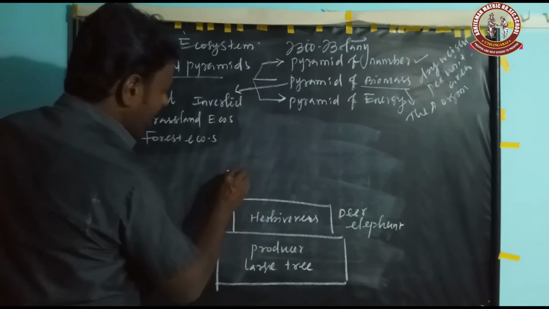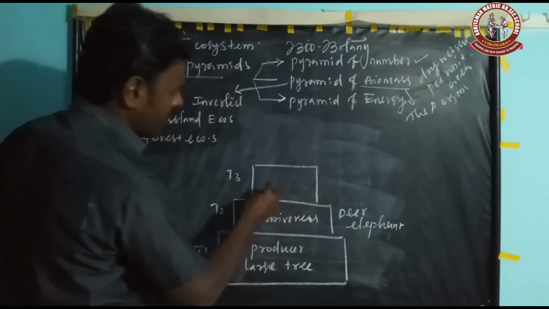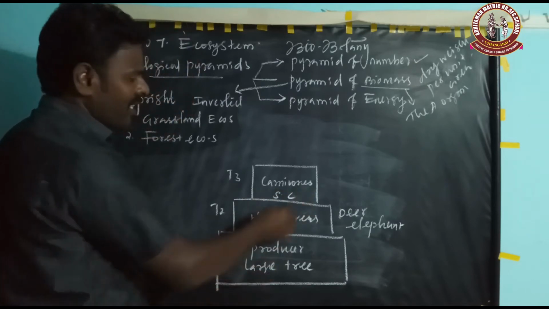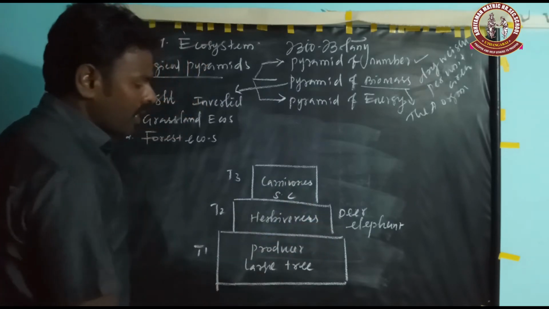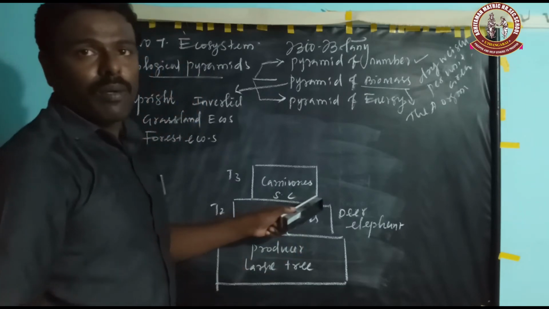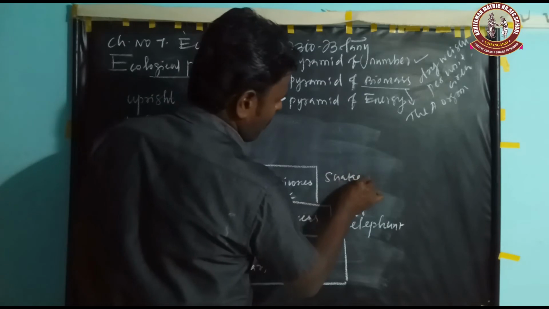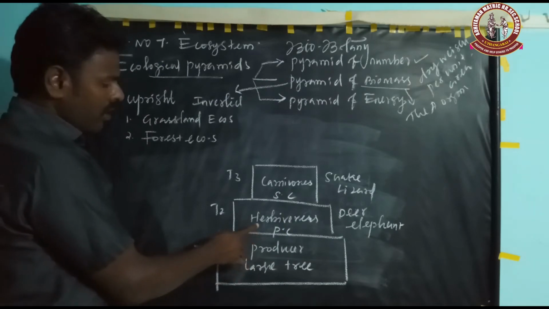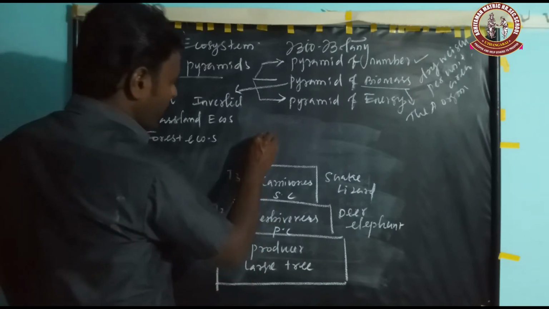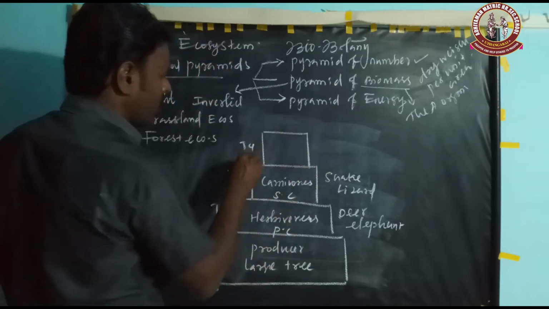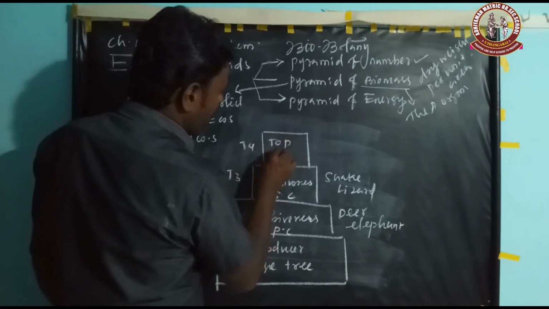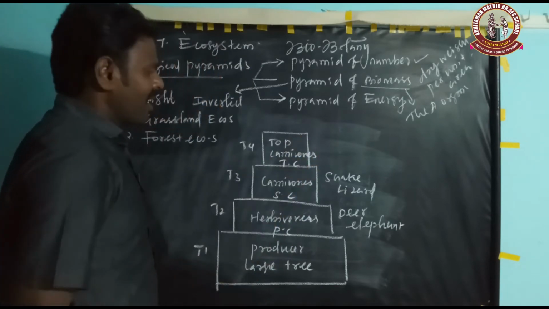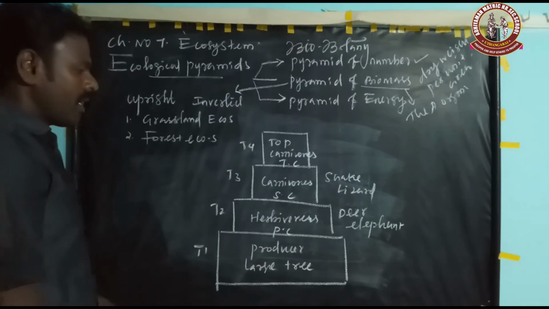And then trophic level 3 is carnivores or secondary consumers, which feed on the deer and other herbivores or primary consumers, for example snake and lizard. The final trophic level is T4, the top carnivores or tertiary consumers, which feed on the carnivores or secondary consumers.